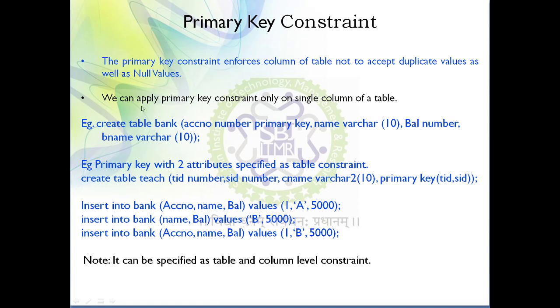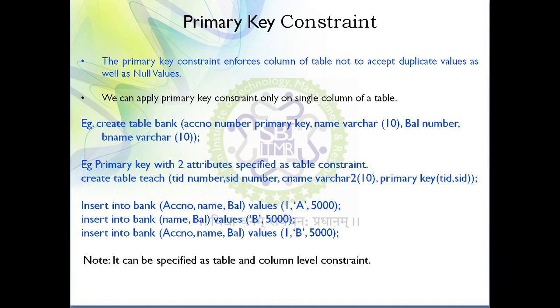And the most important point that you need to remember about primary key constraint is that we can apply primary key constraint on only a single attribute of the table. As we have seen, not null constraint can be applied on any number of attributes of the table, but this is not the case with a primary key, because primary key is a unique one based on which you will uniquely identify every account holder of a bank.